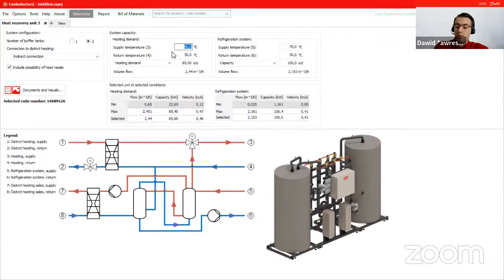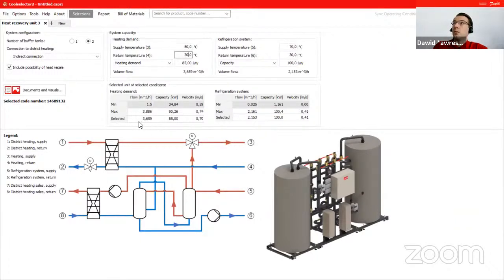So we can say it's not 60, it's 50 degrees. Then we have the return temperature, and we need to know the heating demand of the system. If we put all of them in, our software is calculating the required volume flow. And based on this volume flow, it's selecting the heating part of the system.